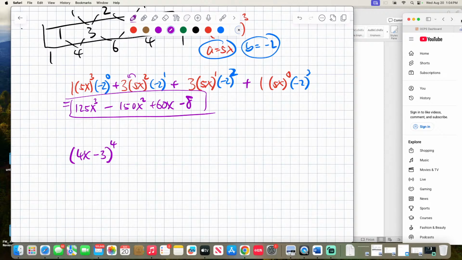You have to know your numbers really well. Now keep your work neat. If you keep your work neat, you're gonna get a right answer.